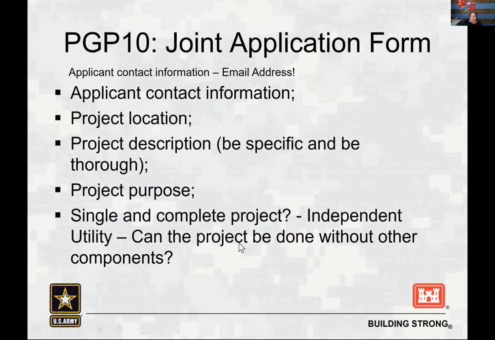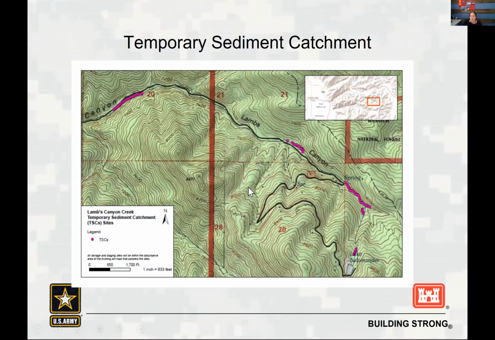So when we're asking whether a project is a single and complete project, what we're asking is whether the project has something called independent utility. I know that doesn't really make a lot of sense, but what that basically means is, can the project be done without other components? There's a really good example of a temporary sediment catchment project that was provided by the Wild Utah project.